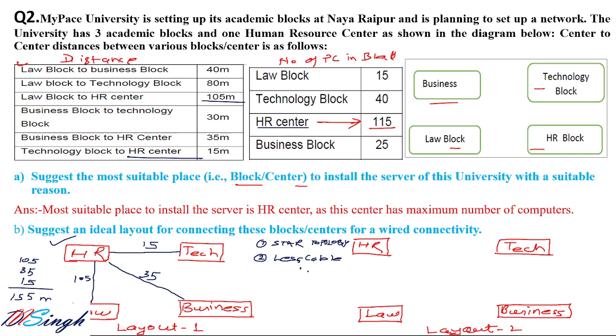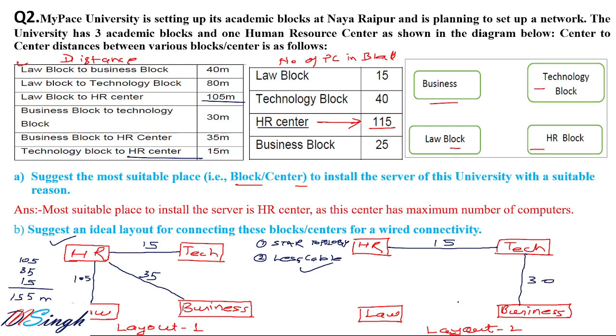If you want to use less cable, then we can take another criterion. We go HR to tech, which is the minimum cable length, 15, and the next one is 30, business to technology block. So we can go to business to technology block.